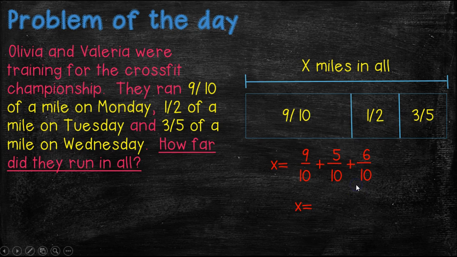And in order to solve that, we would add it all together, and x would equal 20/10. But we need to simplify. Remember, this is an improper fraction, and we know 10 goes into 20 how many times? 2. So x equals 2 miles. That's how many miles they ran in all.